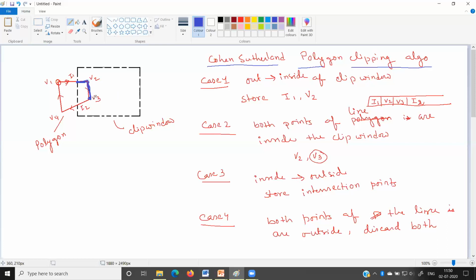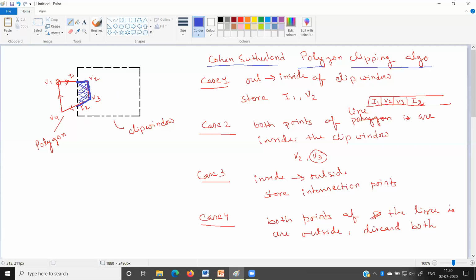Now, while we are moving from V3 to V4, we need to store only the intersection point, that is I2. That means we are storing the line segment V3 to I2. So this one is our clipped polygon.